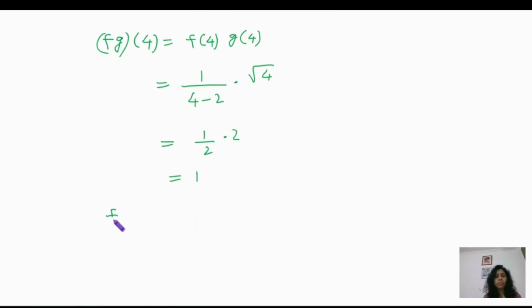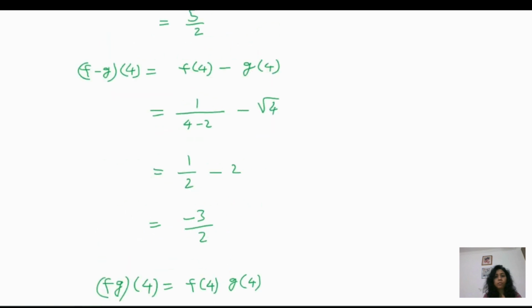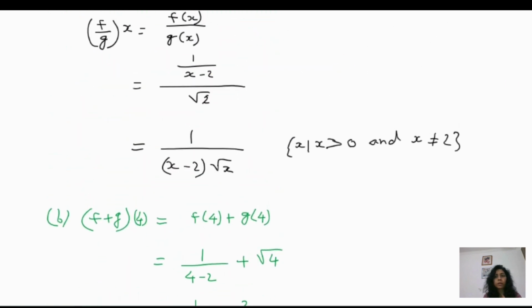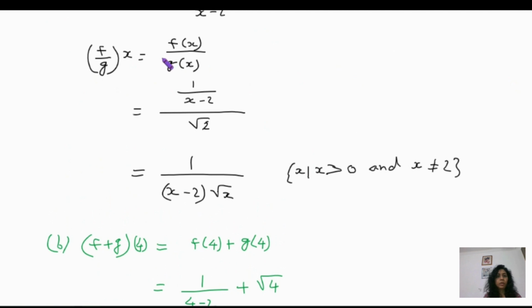Now (f upon g)(4). So f(4) upon g(4). When we solve this, (f upon g)(x) equals f(x) upon g(x), so we got this one, 1 upon (x minus 2) square root x, and we can replace x by 4, and here the domain allows it, we can easily put 4.